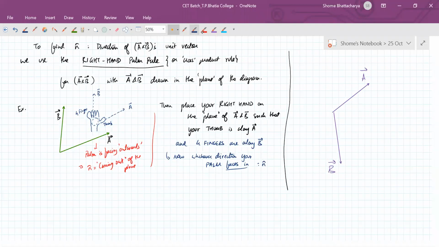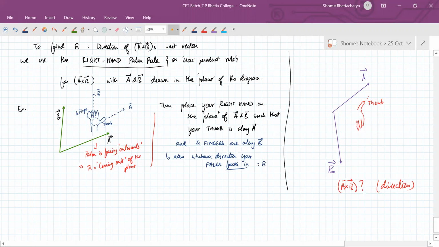Okay, and we want to find the direction of A cross B. So what we'll have to do is again place our palm such that this time our thumb points in this direction, and our fingers point in this sort of direction. So this time you will see that when you look into your hand, you're looking into the knuckles. Your palm is actually facing inwards.